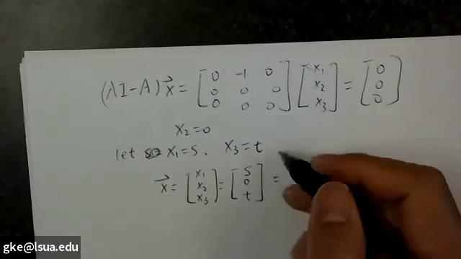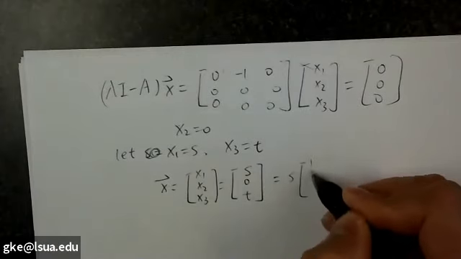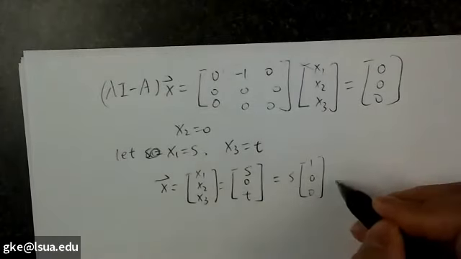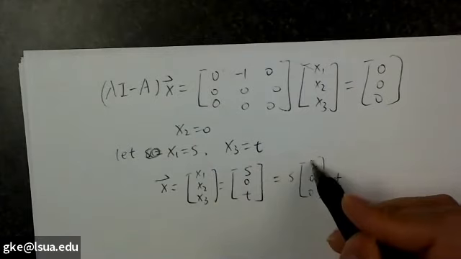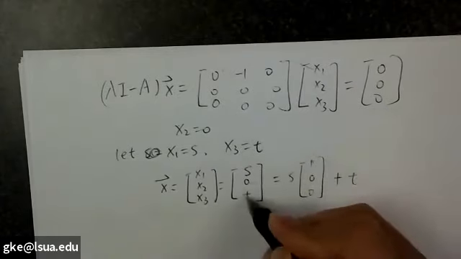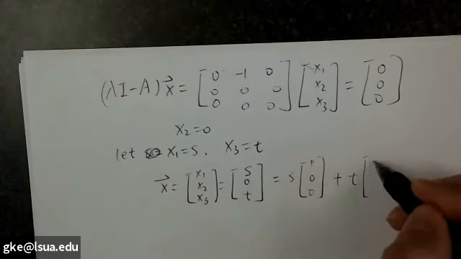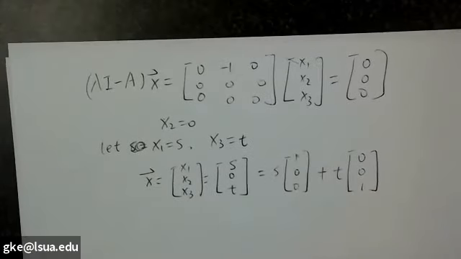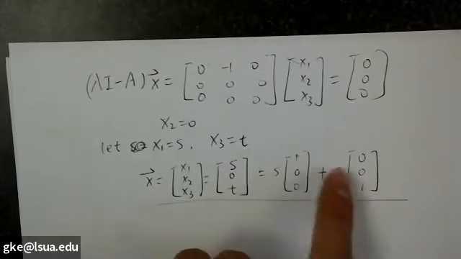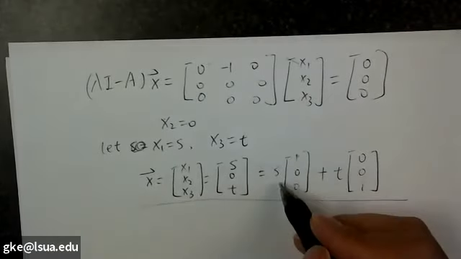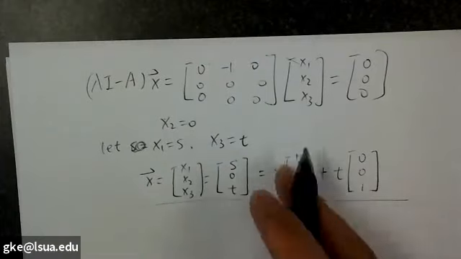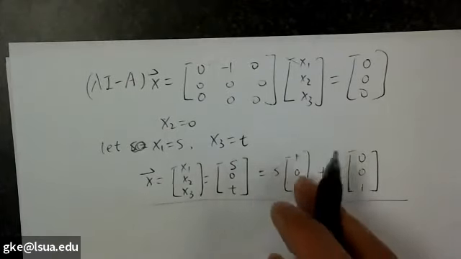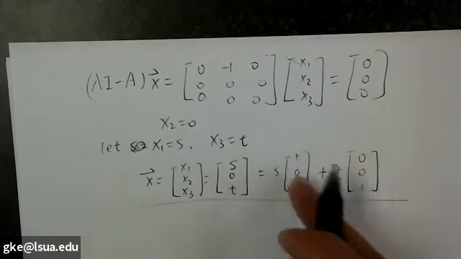And of course, you can write it this way, splitting s and t. S is in the first element, so you get (1, 0, 0). T is in the last element or last row. So now the eigenvector can be expressed like that. And we see here that we have two parameters, s and t.